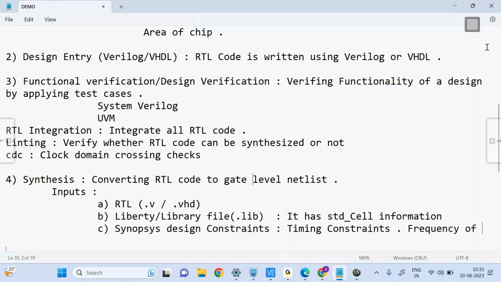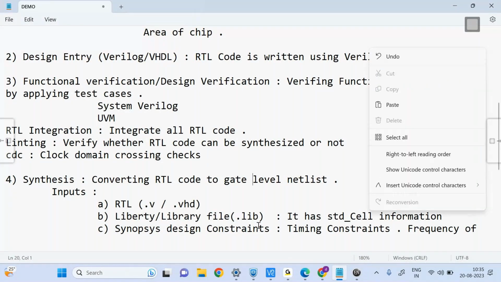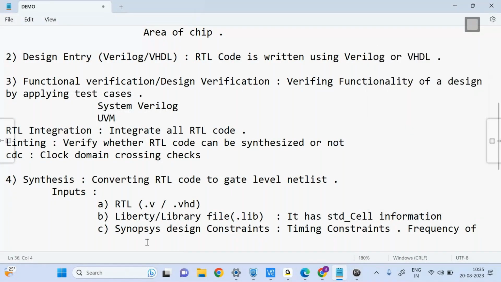Apart from that you have much more information, but for the time being I can tell only the frequency of operation, or rather the clock period. Your design should work at what clock frequency, that's the clock time period. You mention it in the Synopsys design constraint file.